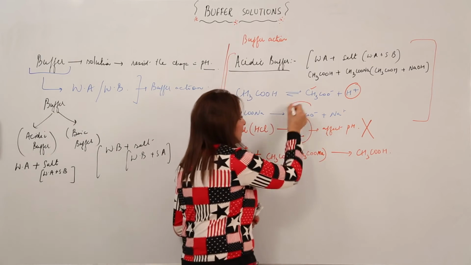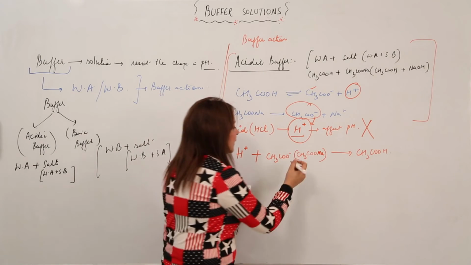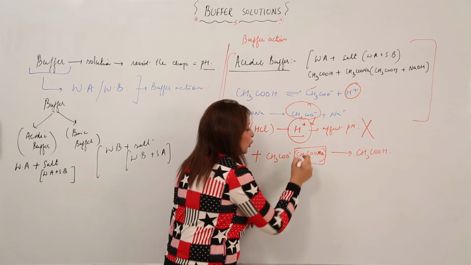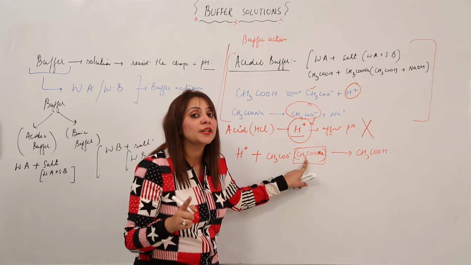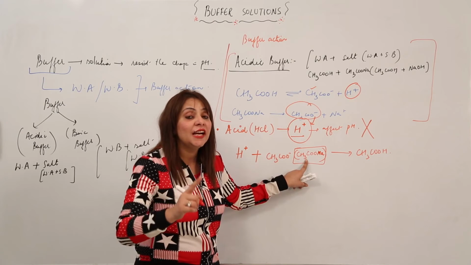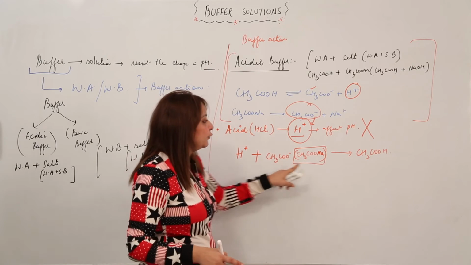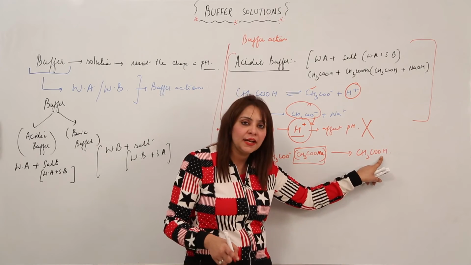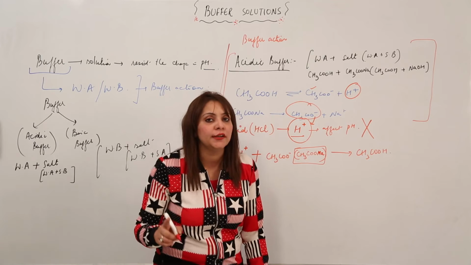So these are neutralizing the hydrogen ions. There is no need to write it, but you should know that the acetate ions combining with the hydrogen ions are the acetate ions of the sodium acetate, right? They combine to form undissociated acetic acid. So this is how, when we add acid, the pH doesn't get altered, right?